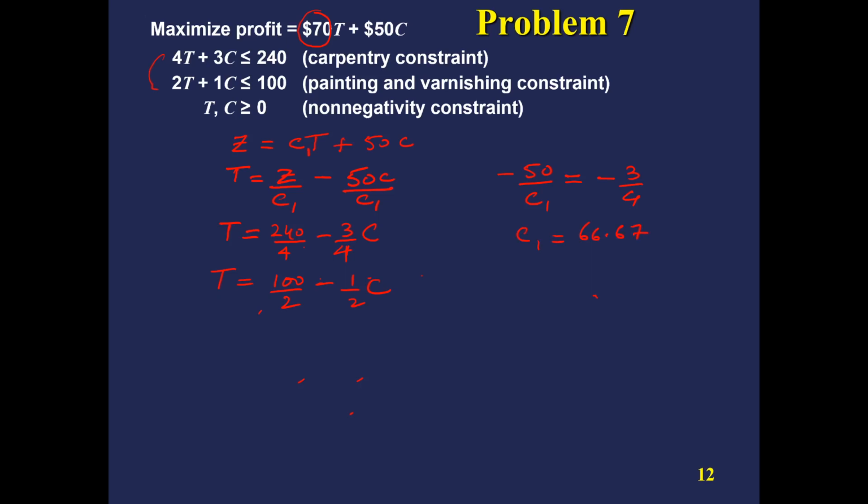Then if we equate minus 50 over C1 to minus half for the second constraint, we get C1 is equal to 100. So we can say that C1 has an upper limit of 100 and a lower limit of 66.67. We can work out the range for the second coefficient as well. Of course, I'm not going to do that. You can find it yourself by following the same procedure.